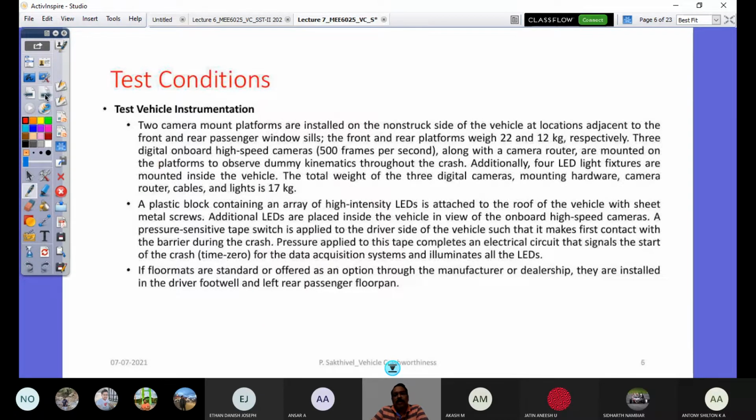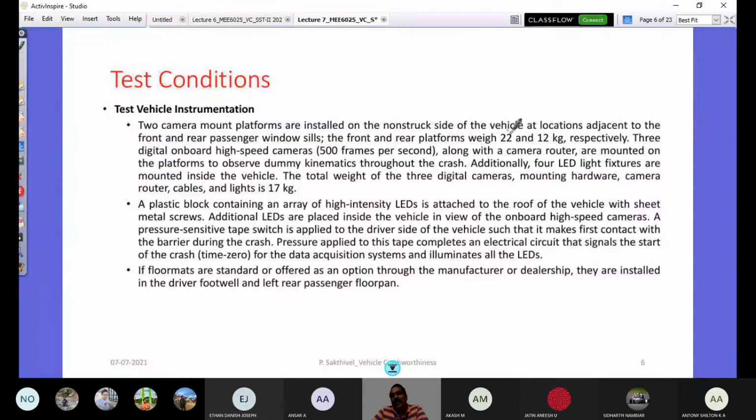Two camera mount platforms are installed on the non-struck side of the vehicle at locations adjacent to the front and rear passenger window sills. That is also important. Here you would see the camera positioning additionally added; you will have onboard cameras for the side impact test to witness the crash.